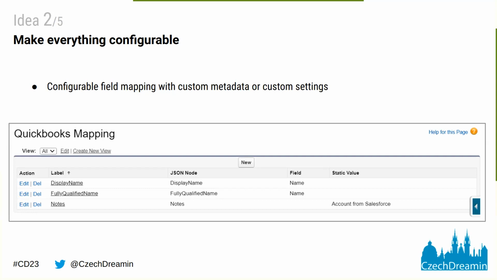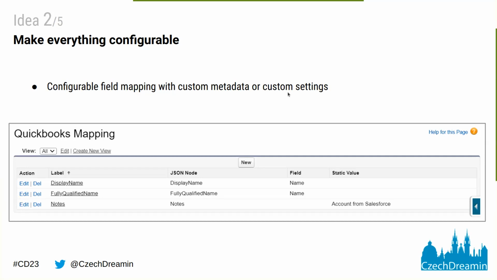Another idea to make your integration configurable is something that would have helped me not take half a day to make a simple change to John's integration, and that's to make the field mapping configurable. I'm talking about the same thing, like custom setting or custom metadata, that contains sort of a one-to-one mapping between Salesforce fields and JSON nodes.